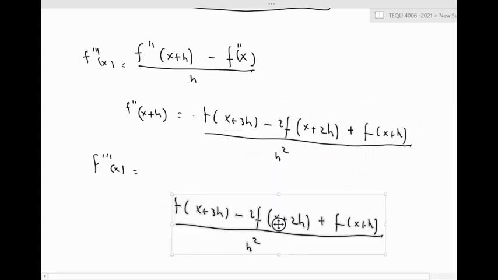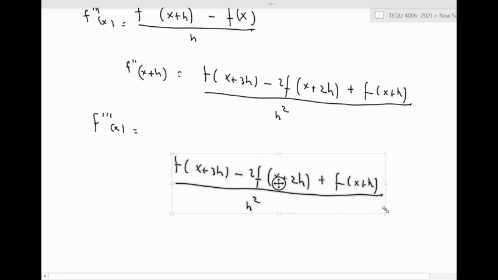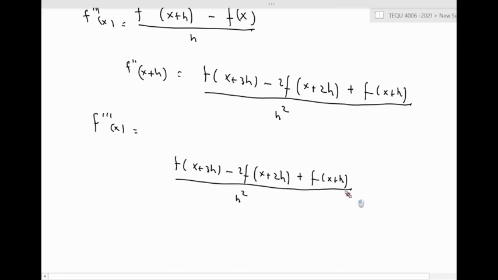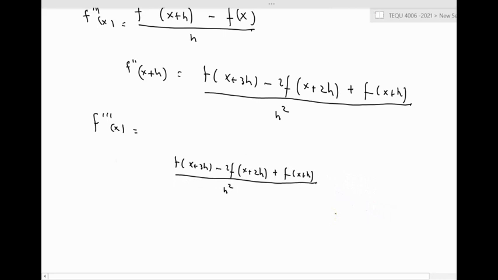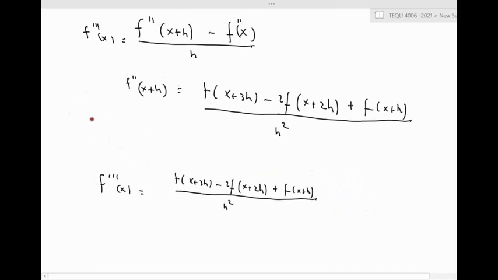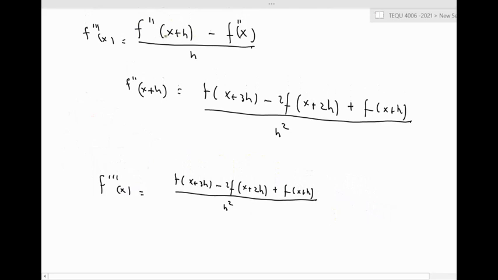Paste, and let's reduce it a little bit more. And now let's bring this part that is here. This part is the definition of the second derivative, but I need the x plus h.